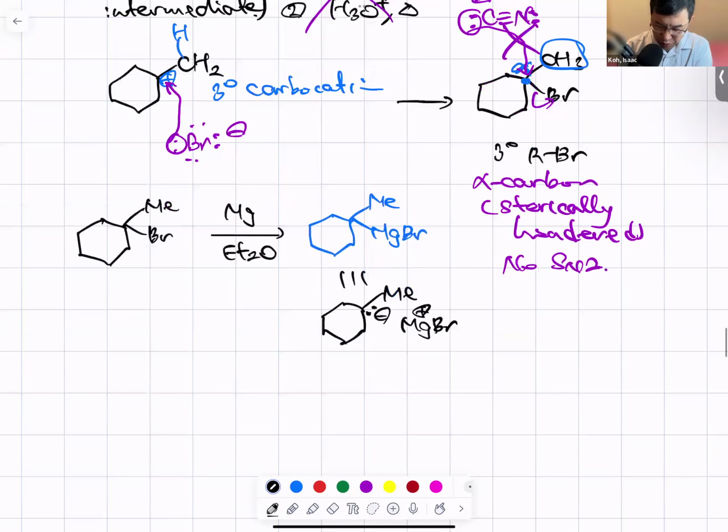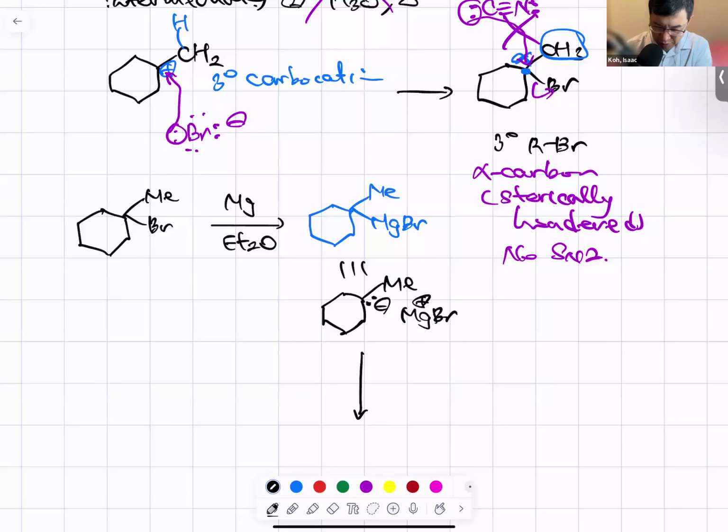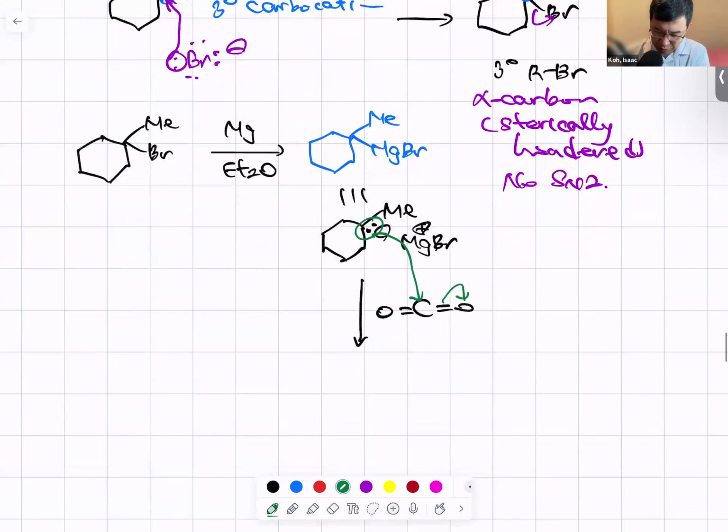So then when you treat this one with carbon dioxide, dry ice, it will attack the carbon and push the pi bond up to this oxygen, and it will make a carboxylate ion.